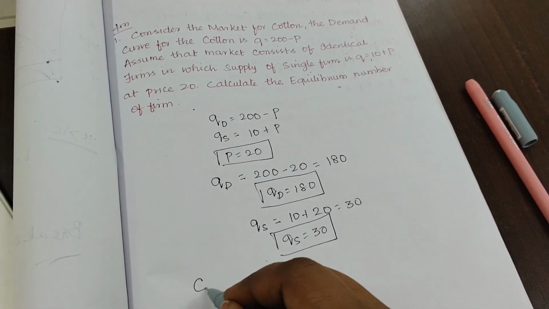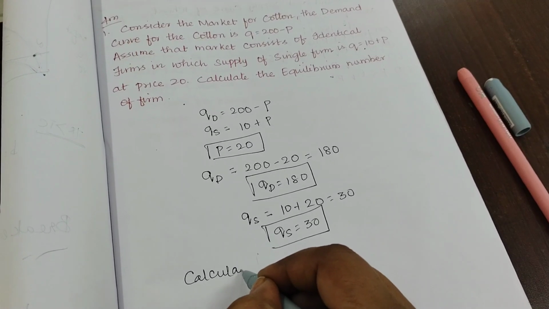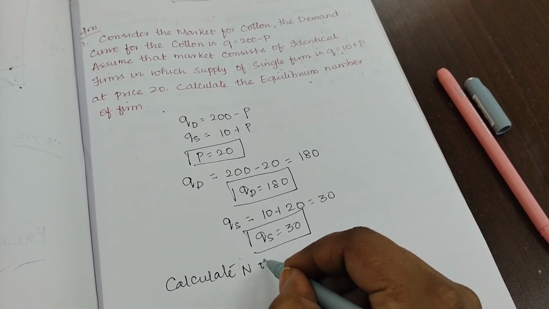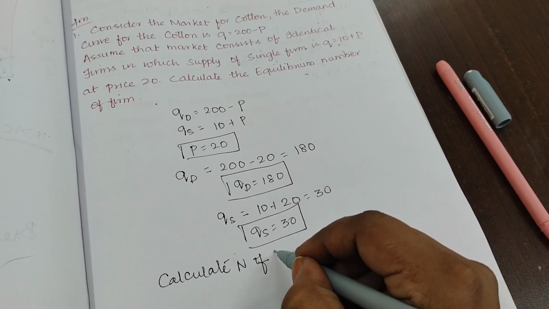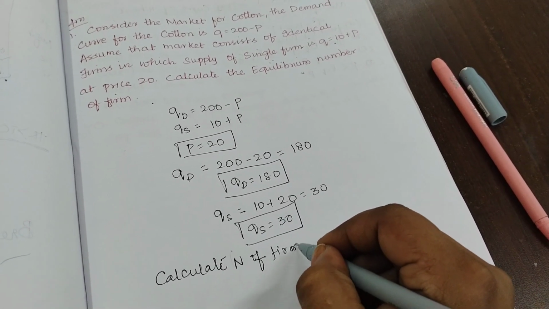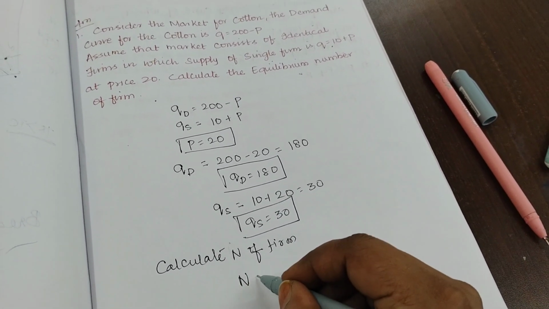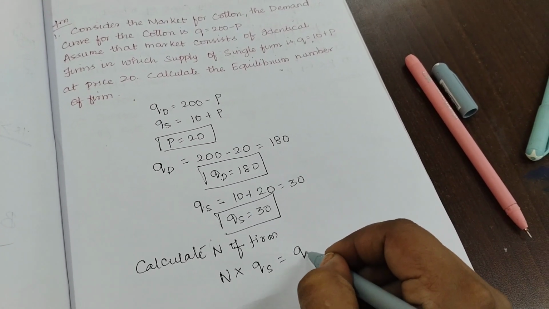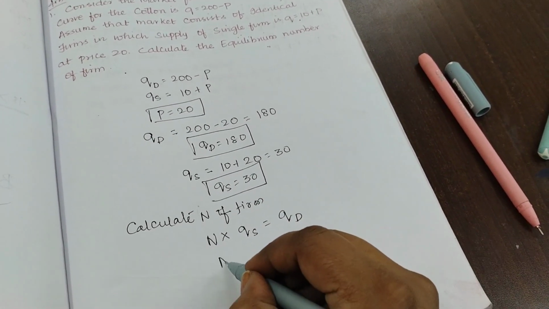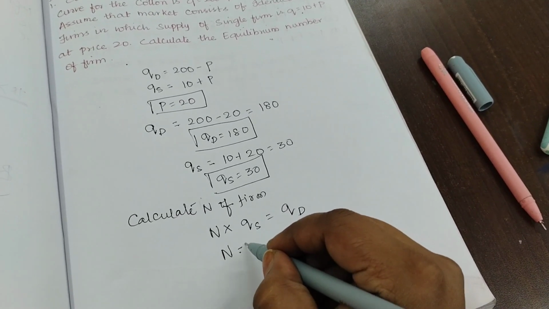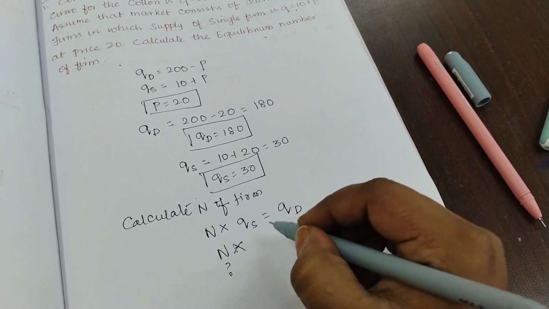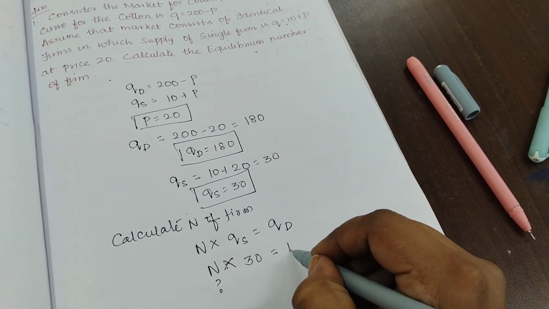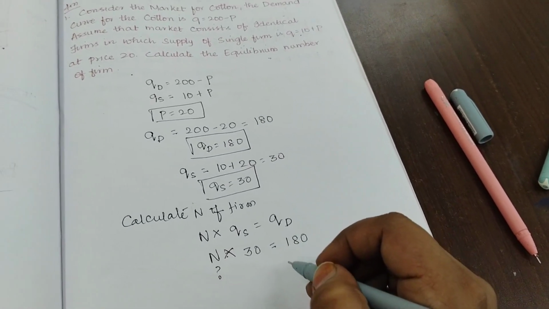Now we have to calculate n, the number of firms. So n into QS is equal to QD.